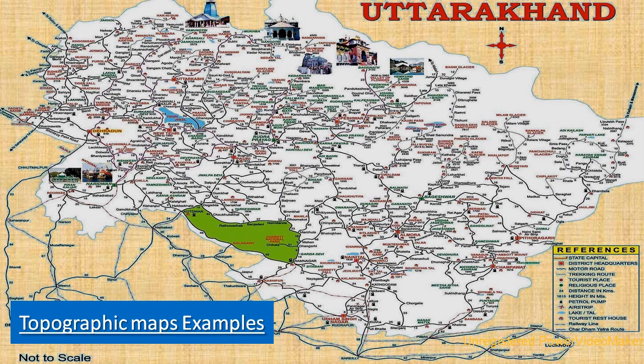In this we can find forest, and at the same time the water bodies, roads, railway lines, airstrips, religious places, tourist places, and the state capital is shown, and many more details. Both man-made things and natural things are shown in this map. So we can say that this is a topographic map.